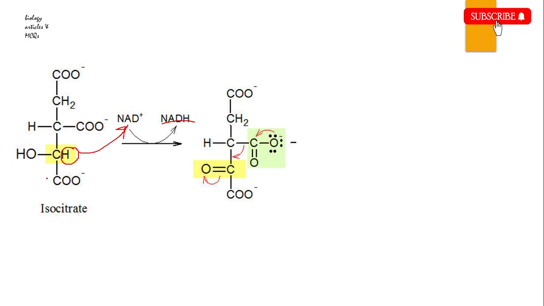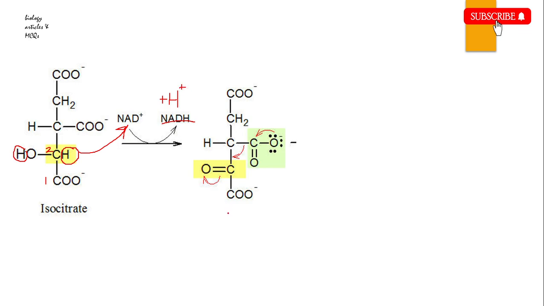Here this is carbon number 1 and this is carbon number 2. Hydrogen is removed from carbon number 2, forming the double bond with the oxygen. One hydrogen is removed from here, and the second hydrogen is removed from here. One hydrogen will attach to the NAD positive, converting it into NADH, and the second hydrogen will exist here as hydrogen ion, H positive.